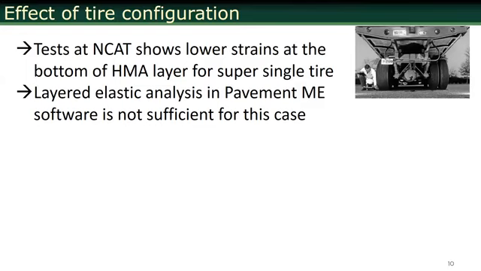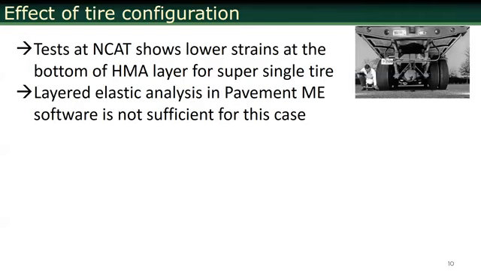Okay, so you have to think about MEPDG as a great tool, but pavement is not being designed by the MEPDG. Pavement is designed by you as the engineers. So you only use the pavement ME as a tool, and you have to always check if the results make sense.